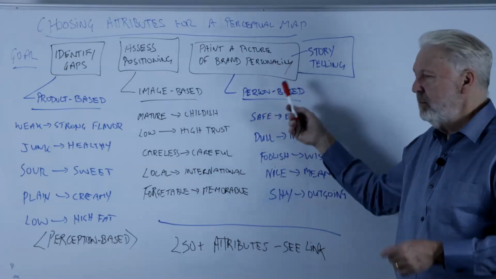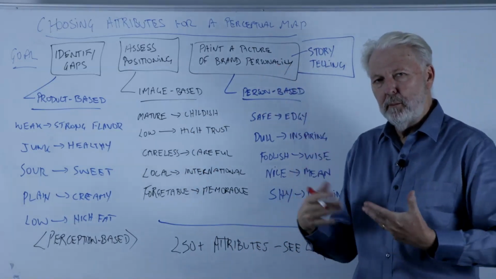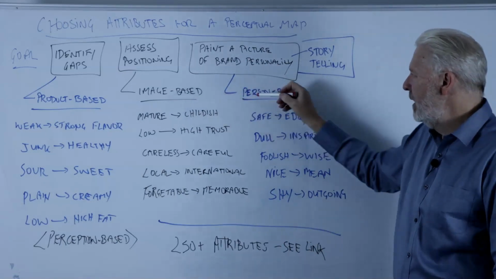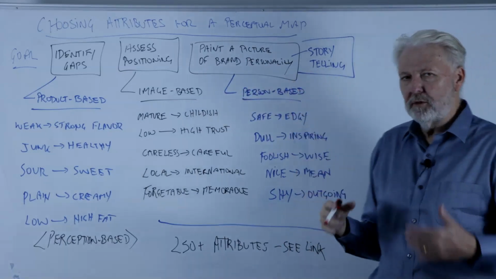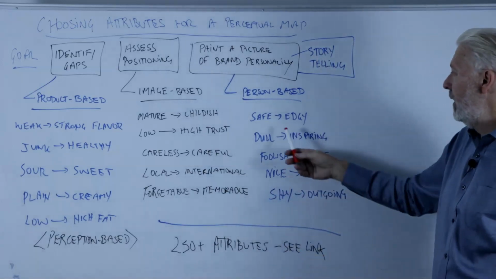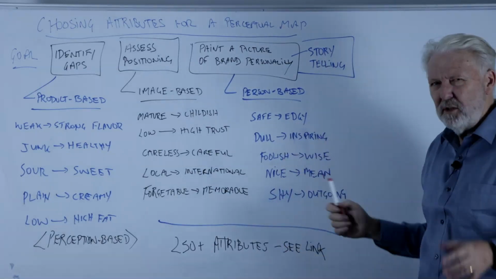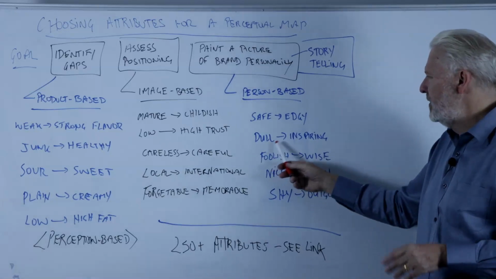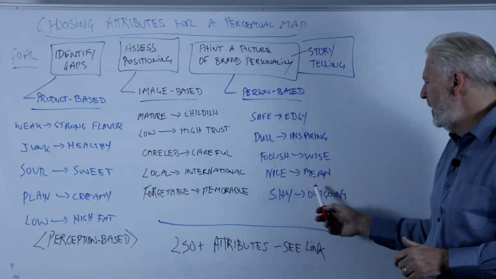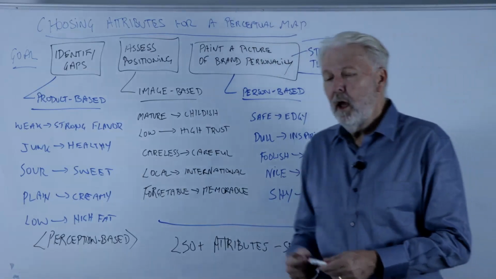And then finally, this more enrichment of the brand and painting a bigger picture. So we're using, instead of image-based, thinking about the brand more as a person. So we use attributes more aligned to that. So are we a safe person or quite edgy personality? Are we dull or inspiring? Are we foolish or wise, nice or mean, shy or outgoing?